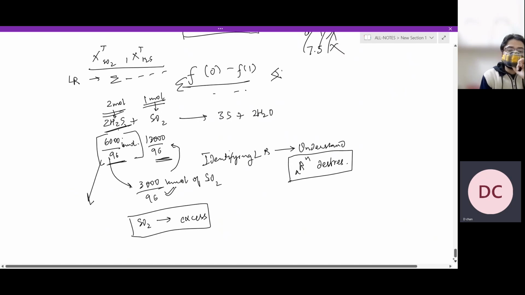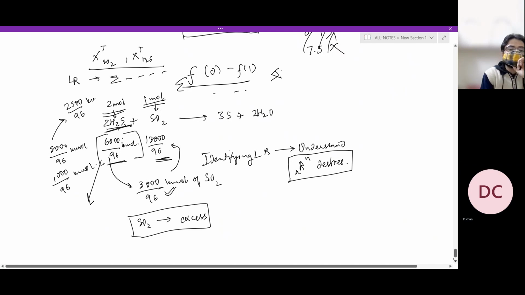You understand my point, right? The reaction must stop because, for example, if 5,000/96 kilomoles of H2S have reacted, you still have 1,000/96 kilomoles left. And at this point, only 2,500/96 kilomoles of SO2 have reacted, right?